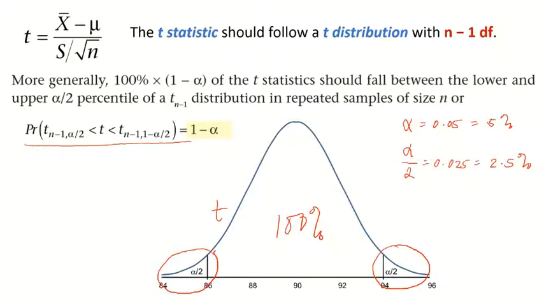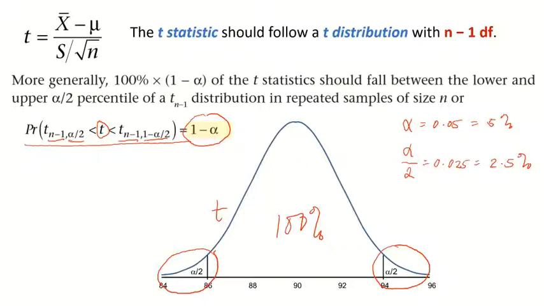It says the probability that a t-value will fall between the alpha over 2 percentile of a t-distribution with n minus 1 degrees of freedom and the 1 minus alpha over 2 percentile of a t-distribution with n minus 1 degrees of freedom is 1 minus alpha percent.